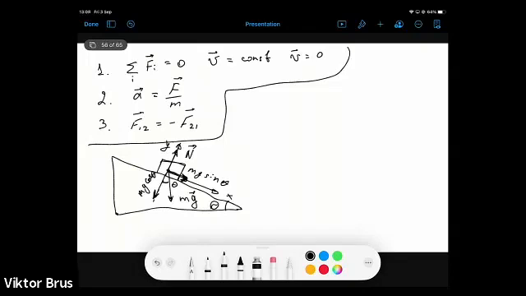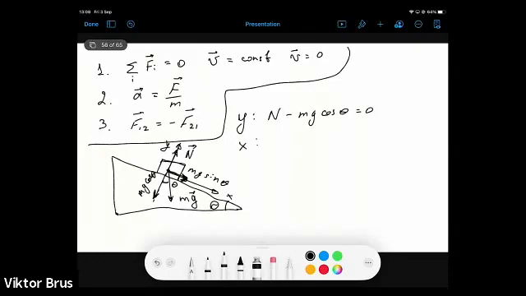So now we can write our net forces for axes y and x. For y, it will be positive N, because it's along axis y, minus mg cosine theta equals 0, so it doesn't move along axis y.